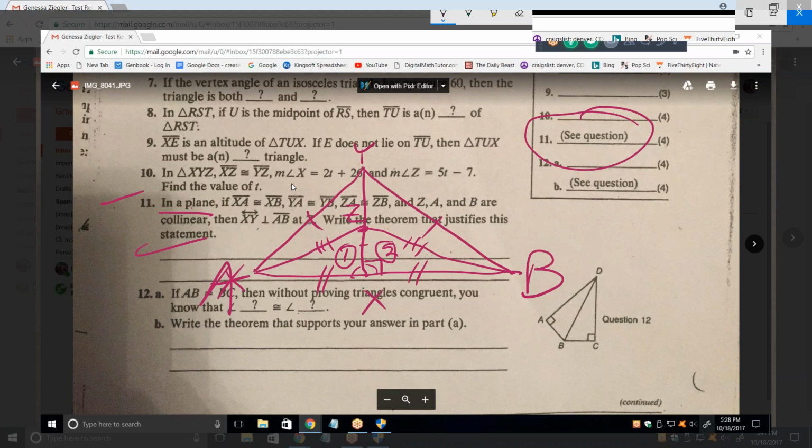Yeah. So what theorem justifies this statement? Is it SAS? Is it SSS? Is it AAS? Which one? Would it be ASA? Side, side, side. We don't know anything about angles here.